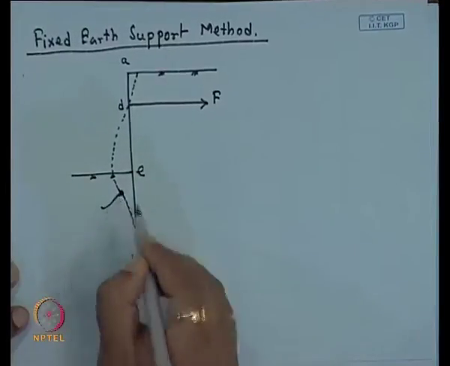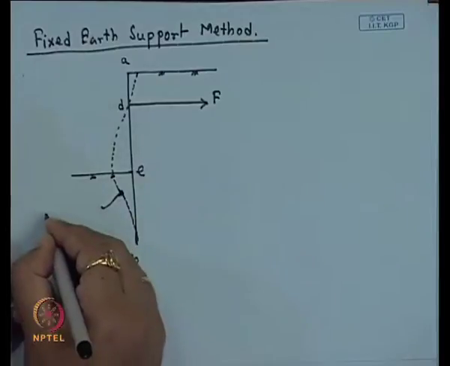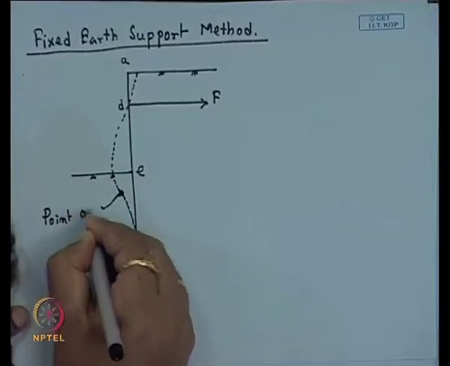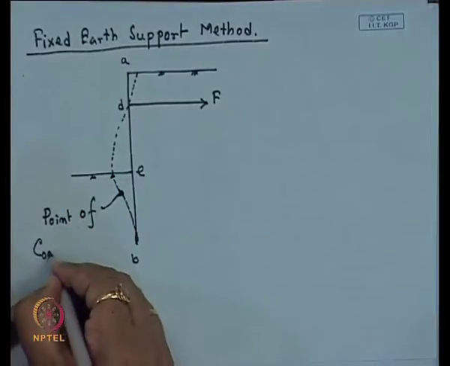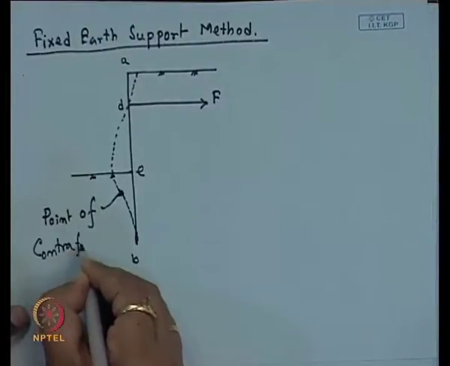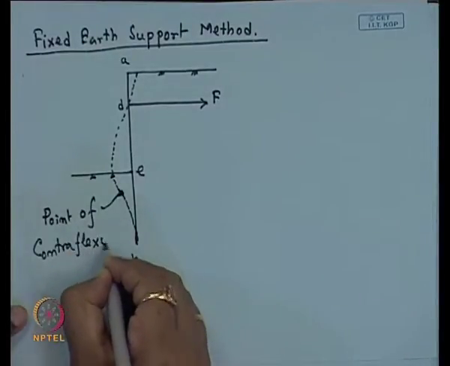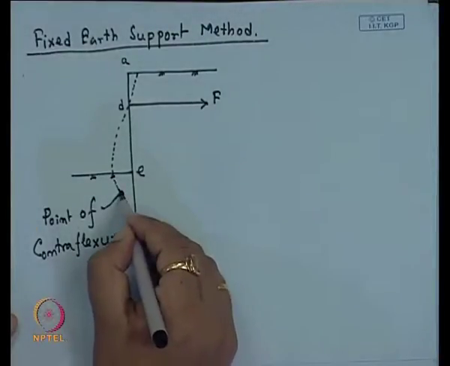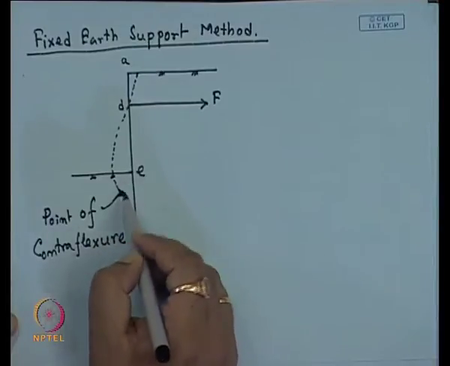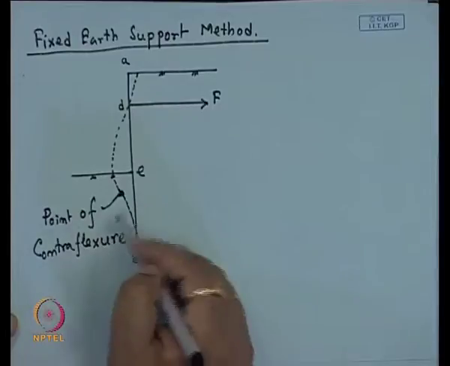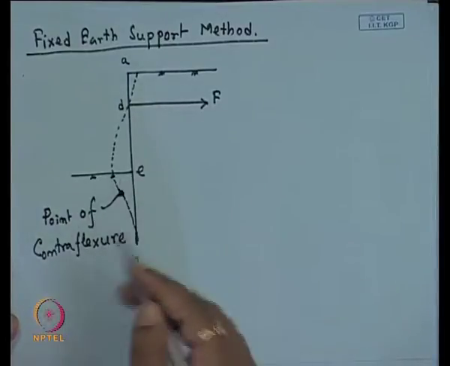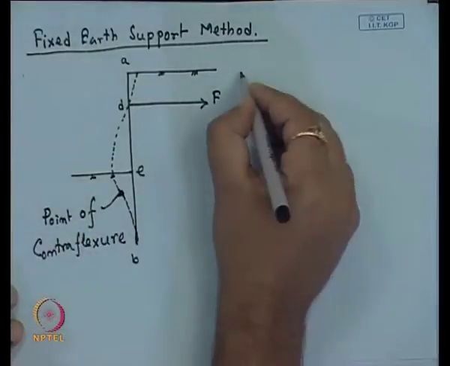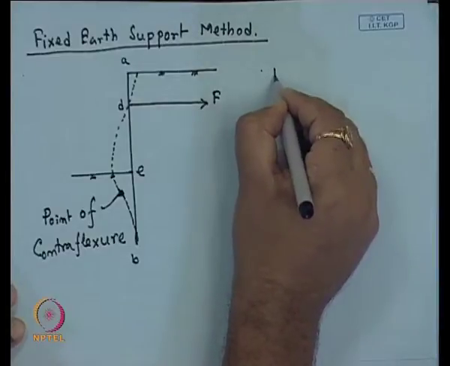So, here this point is, say, the point of contraflexure. That means here the bending moment, if I draw the bending moment diagram, is changing its sign, or here it will go from positive to negative or vice versa. So, if I draw the bending moment diagram, it is this type of case.